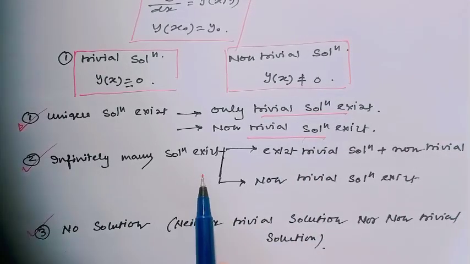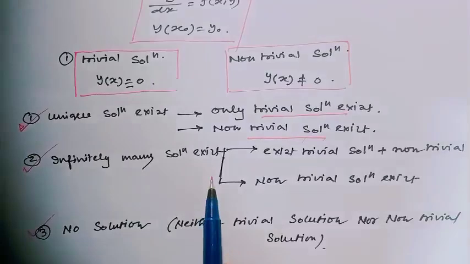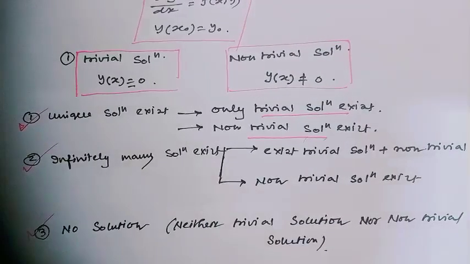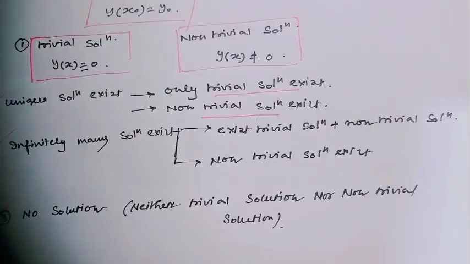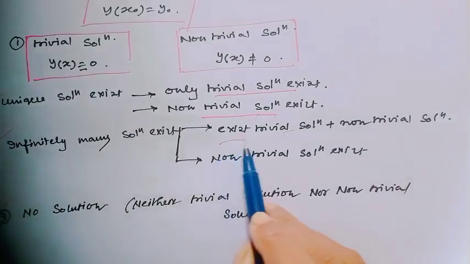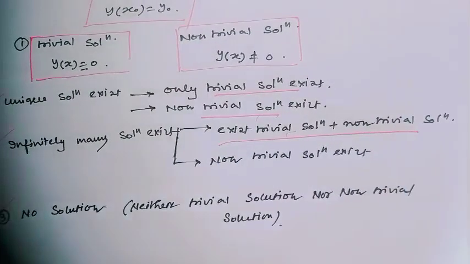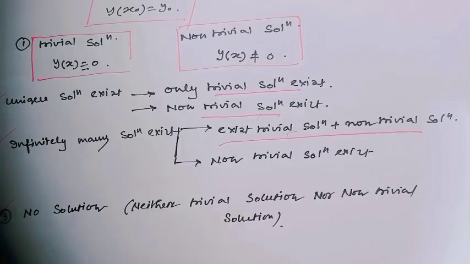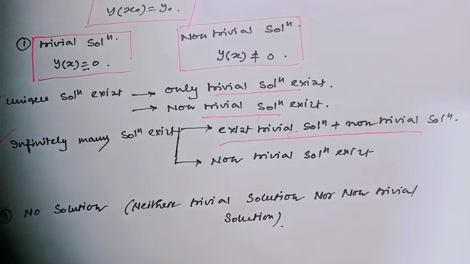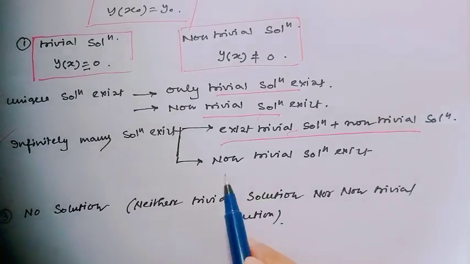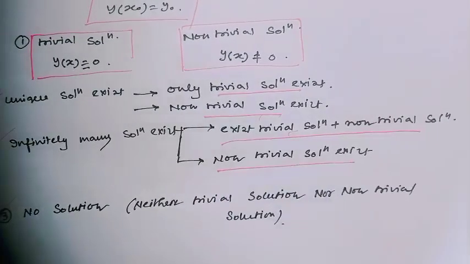And infinitely many solutions means there exist a trivial solution and a non-trivial solution. This is the meaning of infinitely many solutions.